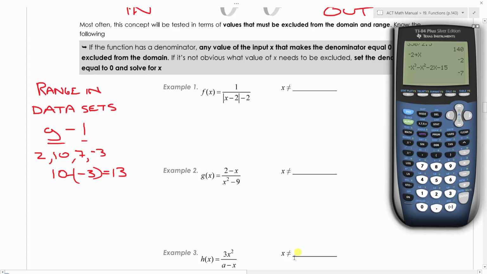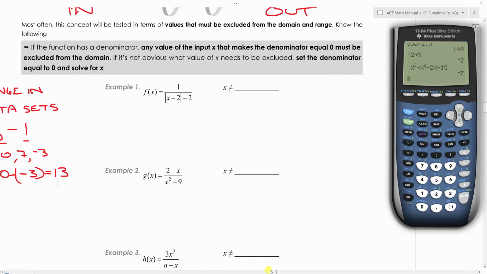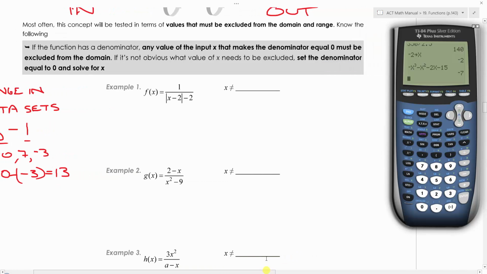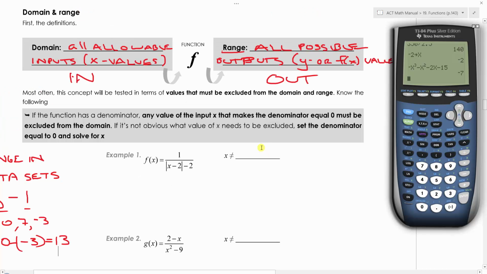So back to ranges as they apply to functions, we have to talk about some things that need to be excluded from the domain and range. For those of you who have taken pre-calculus or calculus, you most likely dealt with these types of questions a lot and hopefully are fairly proficient with them.